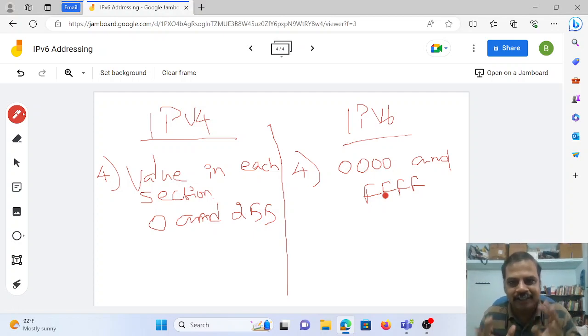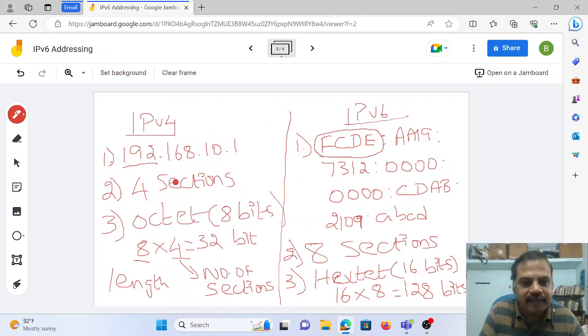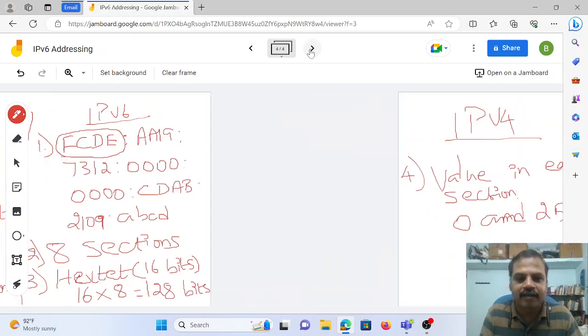So you just remember the difference between IPv4 and IPv6. Summarizing: 32-bit versus 128-bit. Here we have 4 sections, here 8 sections. In IPv4 each section is called an octet, since it has 8 bits. In IPv6, each section is a hextet, which means it has 16 bits.